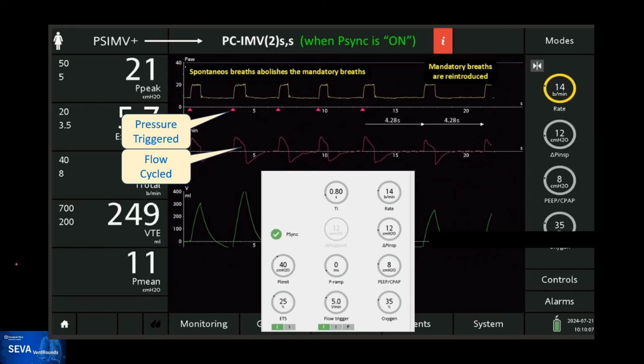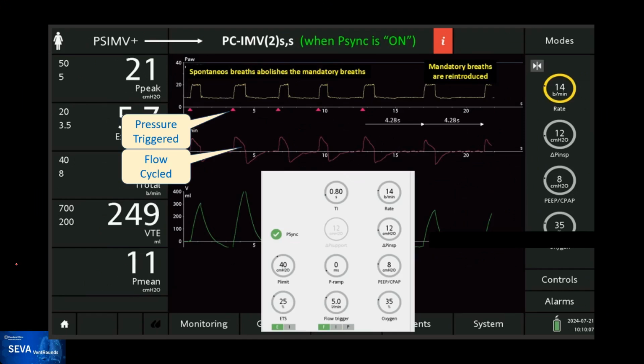Yeah, so what the machine does, after every single breath triggered by the machine, is activate a waiting time period. On this kind of mode, the waiting time period is the total cycle time, which is 60 divided by the respiratory rate. In this way, in this mode, the respiratory rate observed is never going to be less than the set rate.